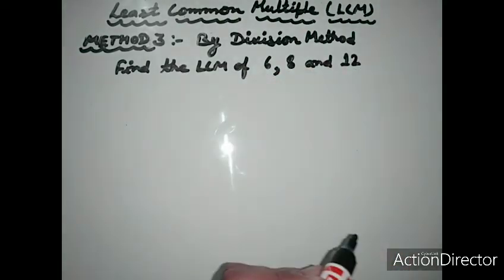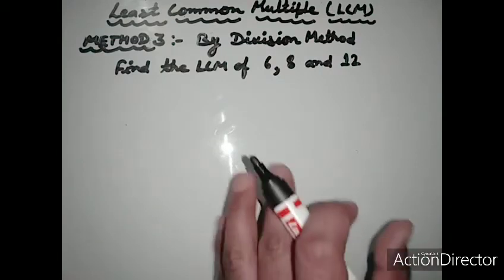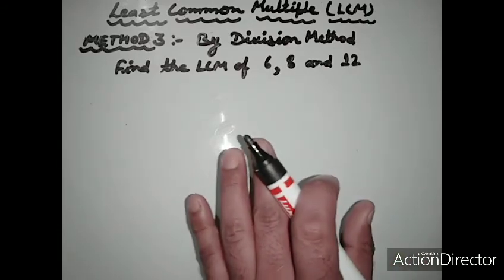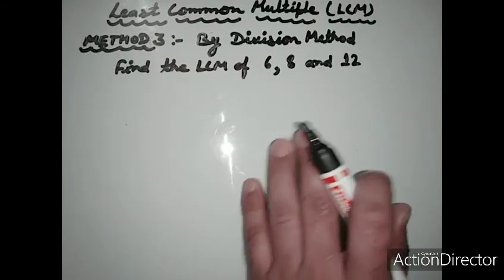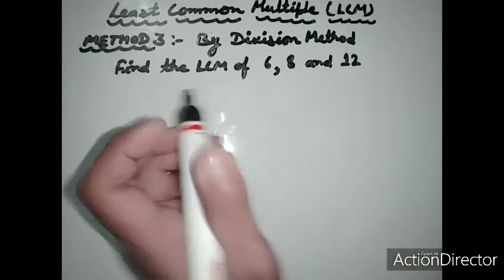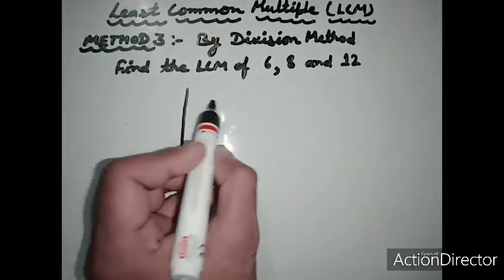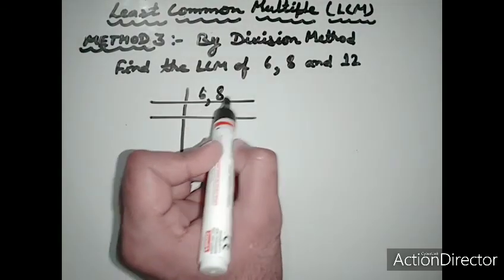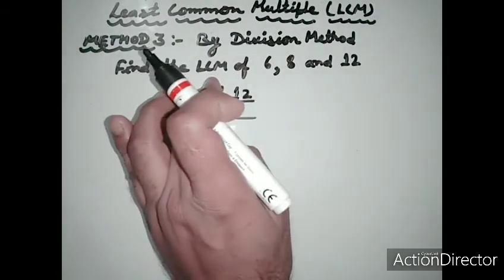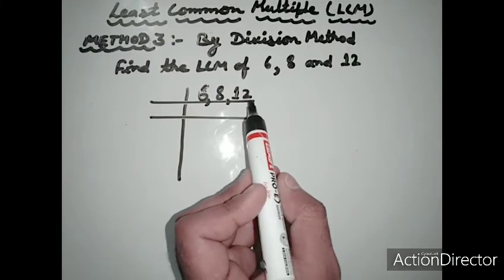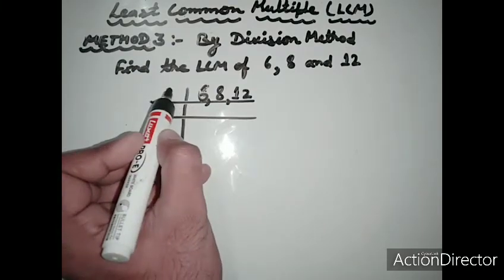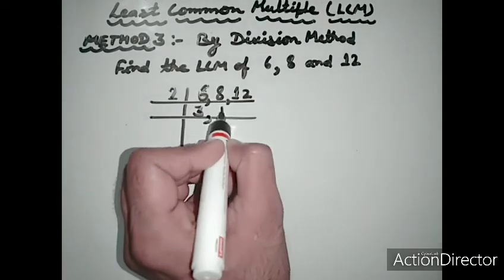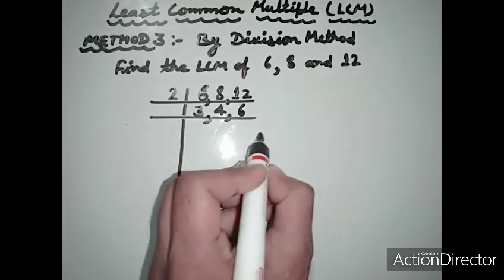So now what we do here, we find the LCM of the numbers. First we write all three numbers like this: 6, 8 and 12. After that we start with 2. We divide all these numbers by 2. 2 3s are 6, 2 4s are 8, and 2 6s are 12.